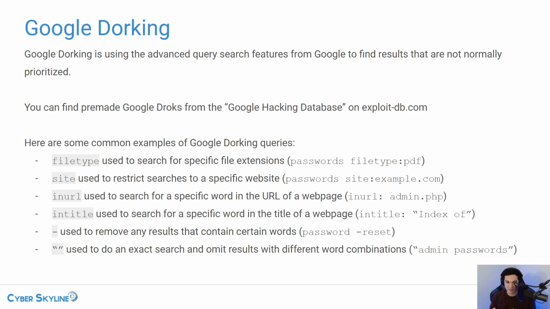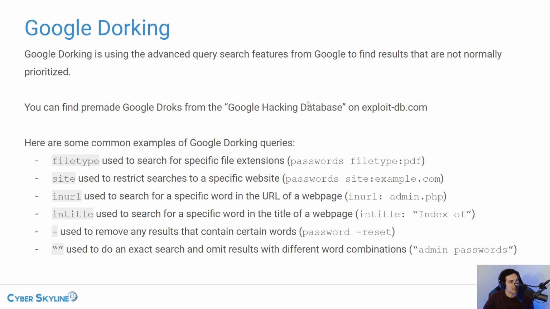If you surround your search query in double quotes, it will only search on things that match admin passwords together rather than separately. By default, Google will give you results that have both, or results that have one or the other. By putting in quotes, it will only give you results that have admin and passwords together like that, which is very, very helpful.